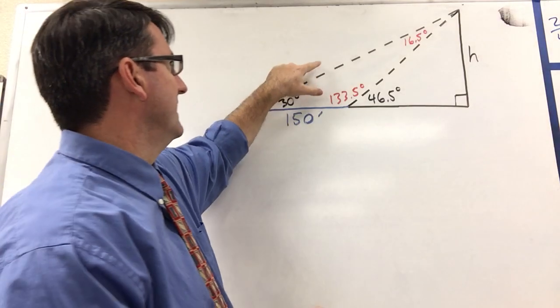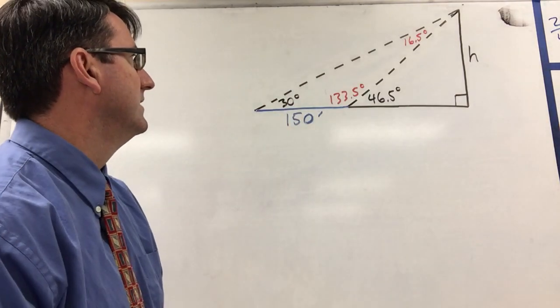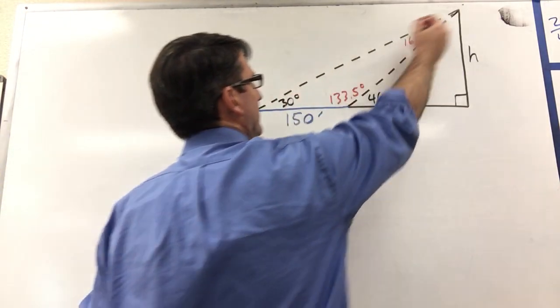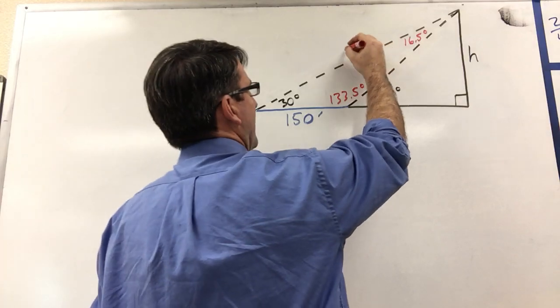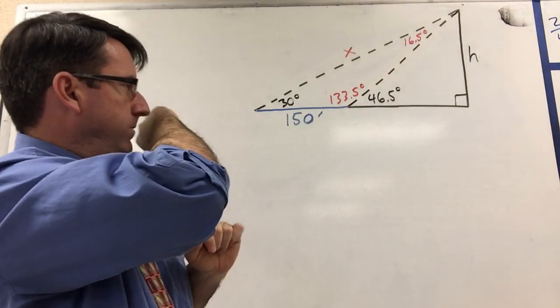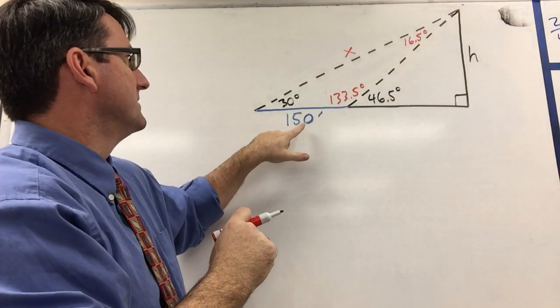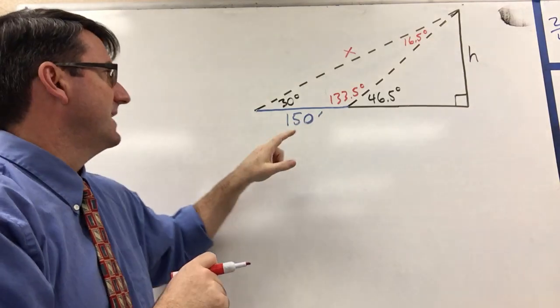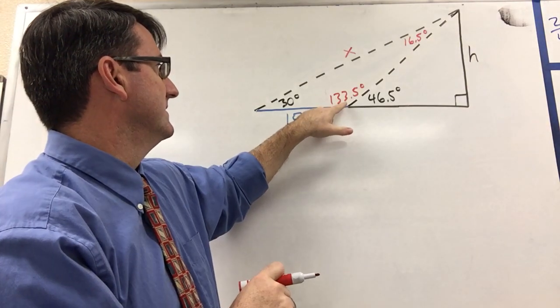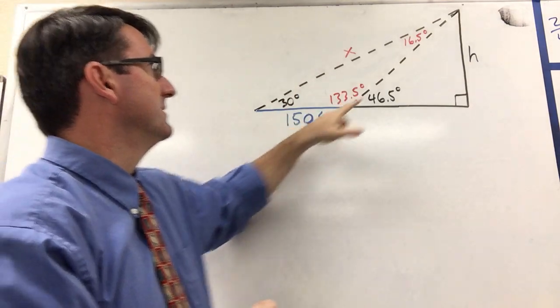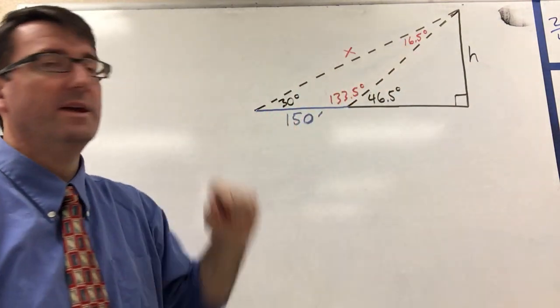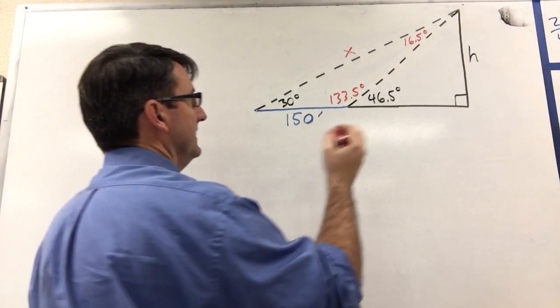So let's go ahead and find this line right here. To do that, let's call this x for now. All right, so the law of sines says that the sine of this angle divided by x is going to be equal to the sine of this angle divided by 150 feet.